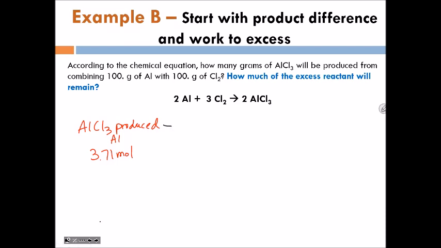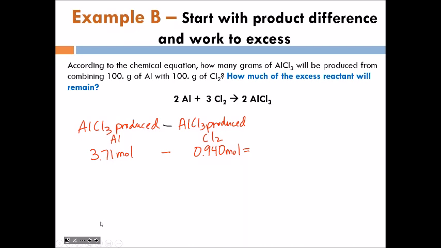Now, for the second T-chart, the AlCl3 produced from the chlorine. This one was 0.940 moles. You go back and check, but those were the two products that we got in option 1. Now you can also use this for option 2 if you're doing the grams, but I'm using the moles because it takes less steps.